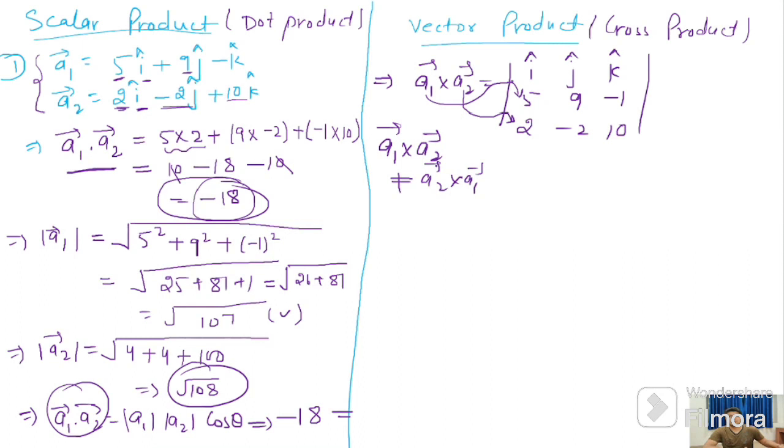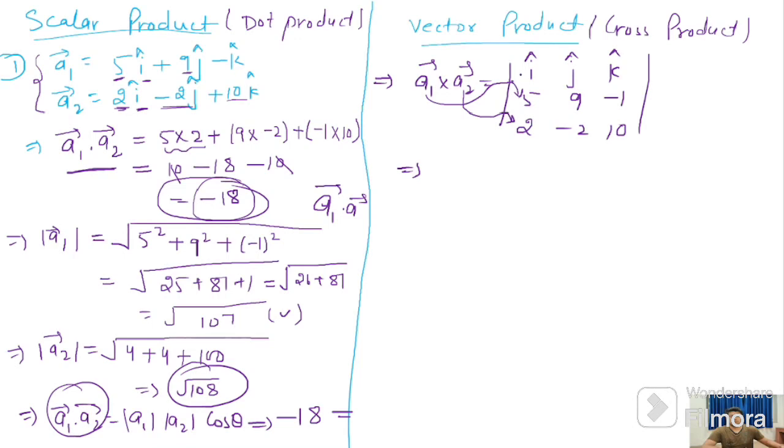In some cases it may, but not always. But a1 dot a2 equals a2 dot a1. Got the point? These are some identities I told you.